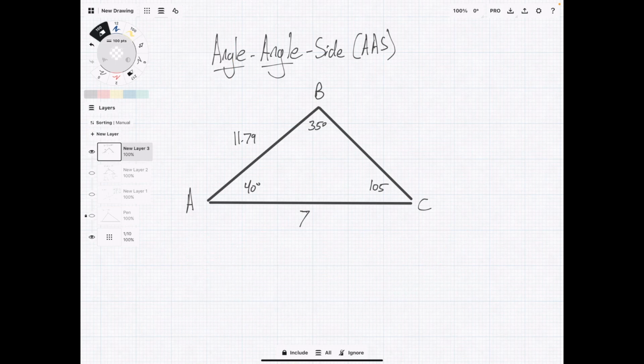Final step, we need to find little a. Again, we have more angles than sides, so the angles are going to go on the bottom.